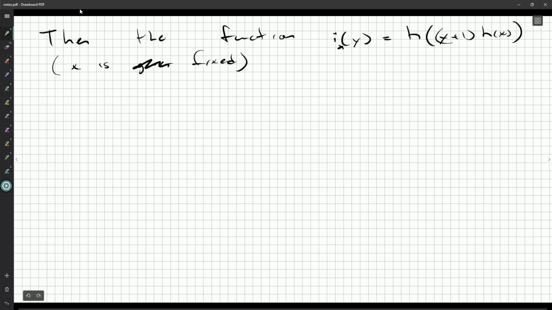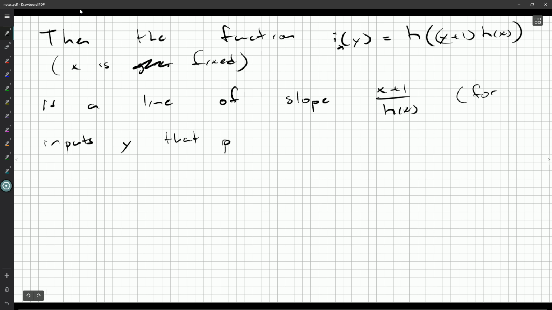So I sub x of y is a line of slope x plus 1 over h of x, at least when it comes to inputs y that are positive integers.